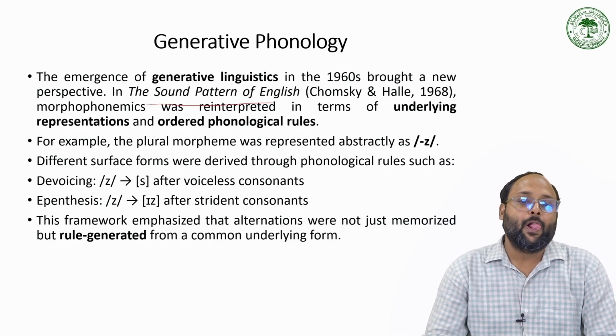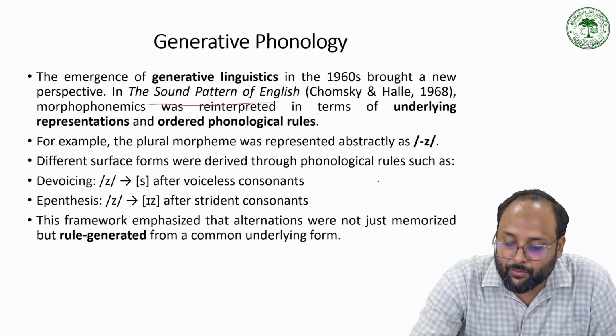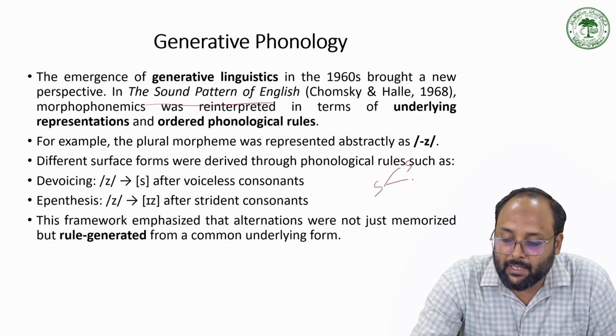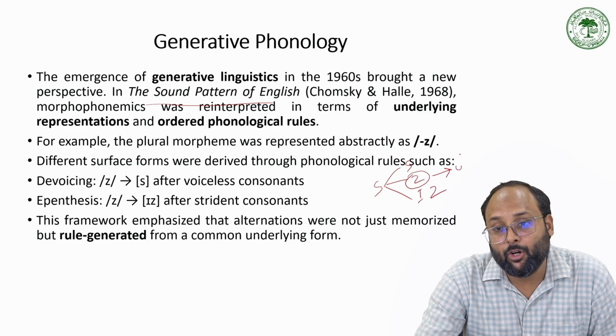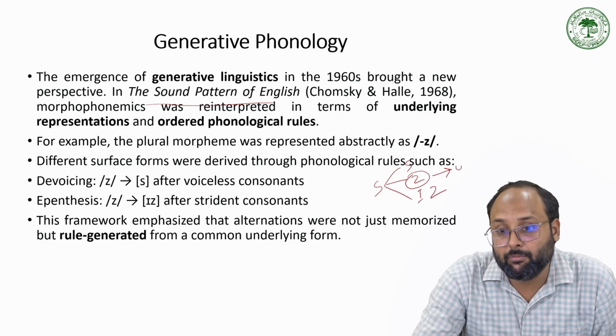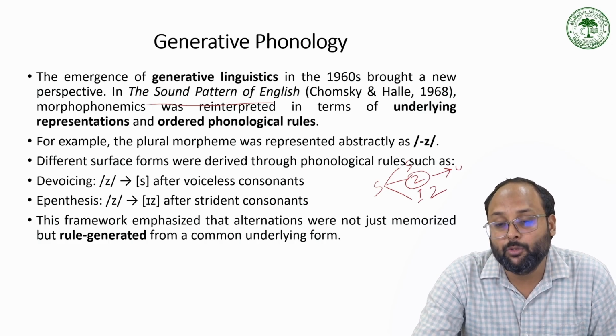For example, for generative phonologists, we have the different realizations of the plural, /s/, /z/, and /ɪz/. In these representations, /z/ is the morpheme which occurs at the mental level, the abstract morpheme for plural formation.